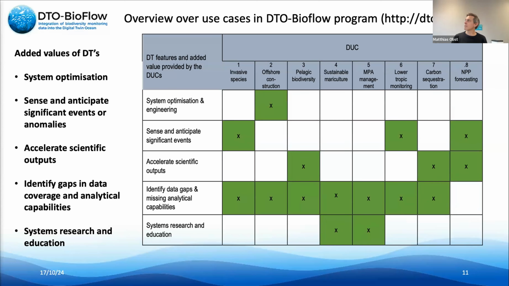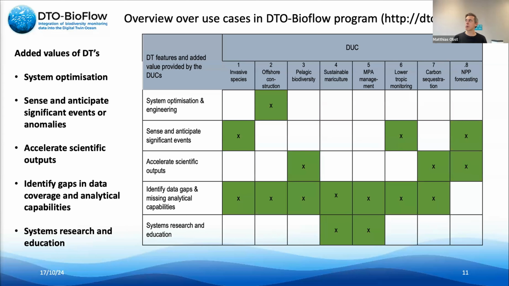And what we said now for the next 4 years is that we don't try to create cases for all of these that should completely reflect all the advantages that a digital twin can offer. And you see these advantages on the left side. These are typical digital twin added values, why anyone would invest in it. And once you do it, you have a competitive advantage having a digital twin.